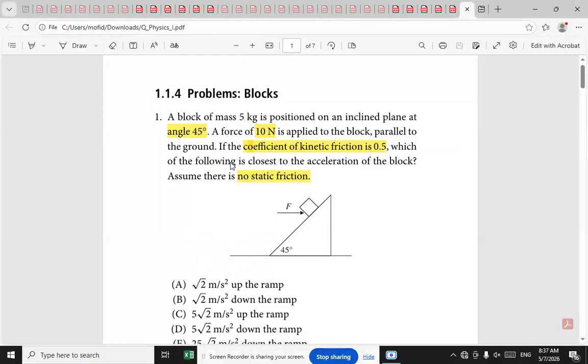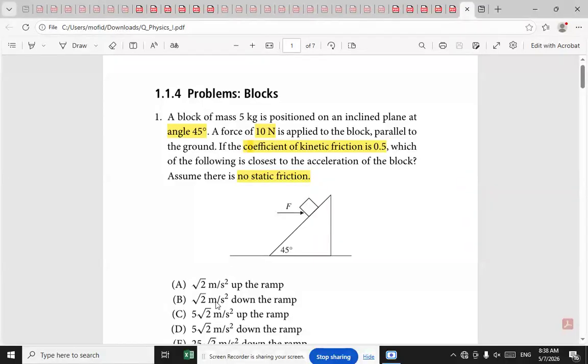Here we also need to know about the 45 degrees in the triangle, or the circle, I don't know. You must know that the sine of 45 degrees is equal to the cosine of 45 degrees, which is the square root of 2 divided by 2.